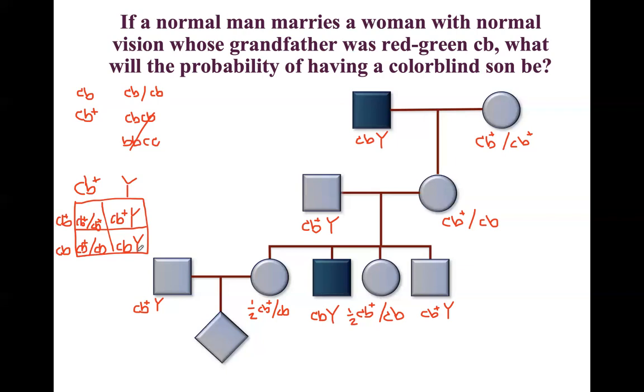Okay, what's the question now? What is the probability of having a colorblind son? Well, we look over here. This child can be born any one of these four. The probability of being a colorblind son is 1/4, and it's the one on the bottom right, CBY.